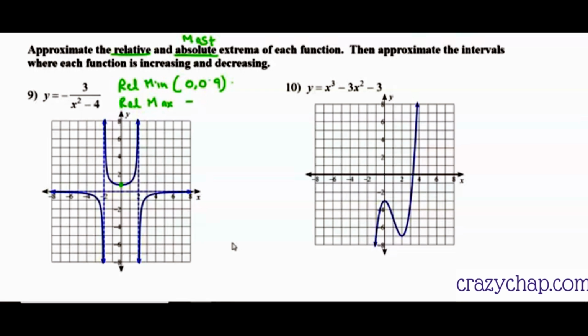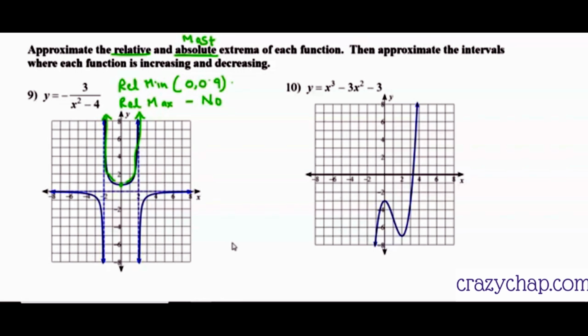We'll say that there is no absolute extrema. We don't have an absolute maximum or absolute minimum. Hope it makes sense. Let's come to question number 10.